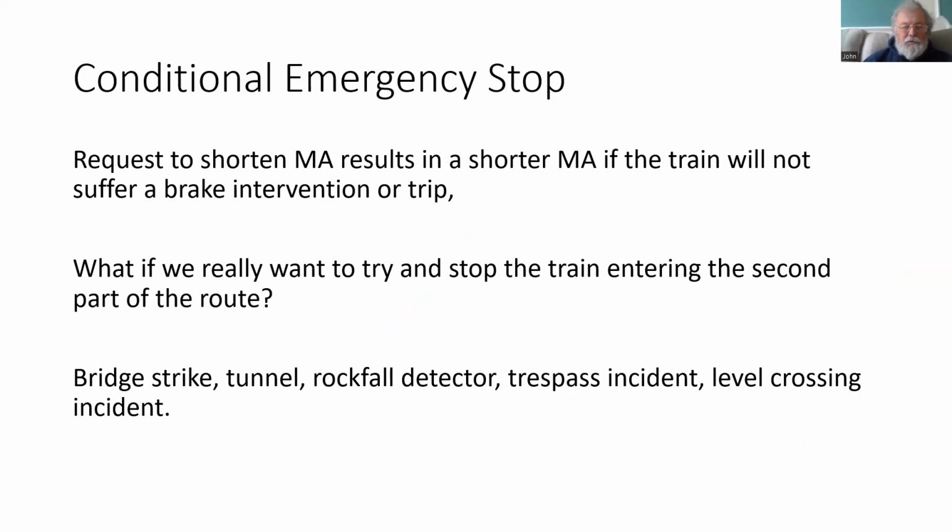This could be down to something like a lorry hitting a bridge. It could be a problem with a tunnel. It could be that a rock fall has been detected or an avalanche. There might be a trespass incident and you wish to slow the trains down so that people are not hurt. Or there could be something at a level crossing. A number of reasons, each of which could be used for this purpose.